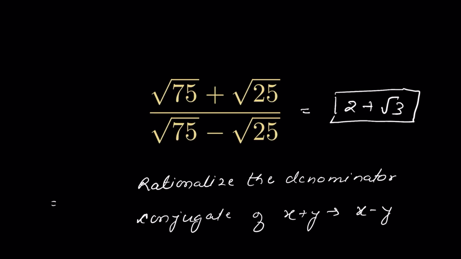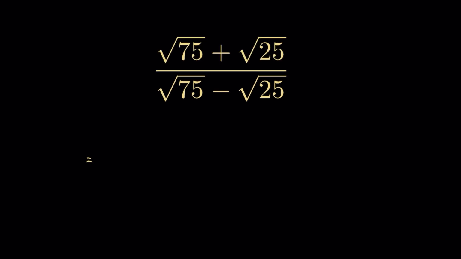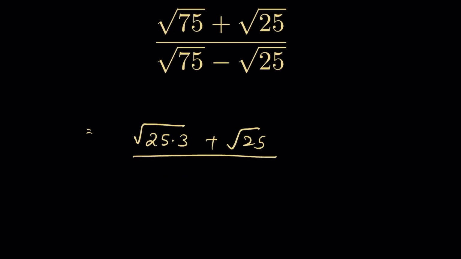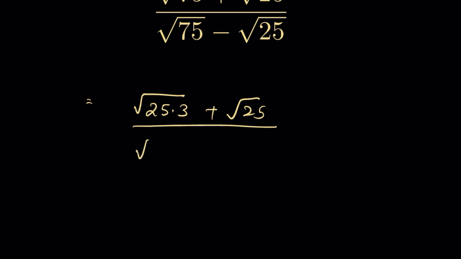We can simplify it using a different method, where we simplify the individual radicals. √75 is √(25 times 3), plus √25, upon √75, again √(25 times 3), minus √25.